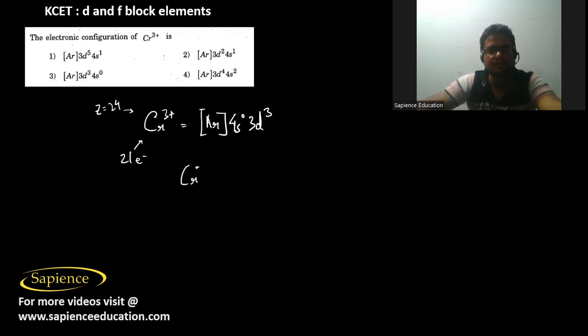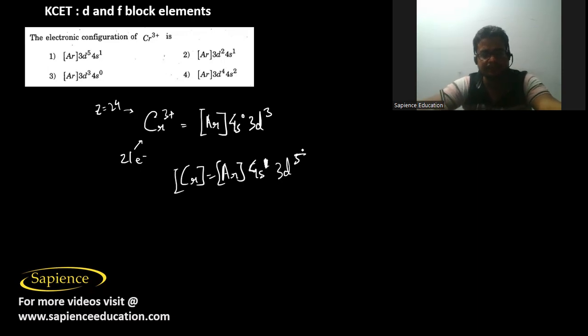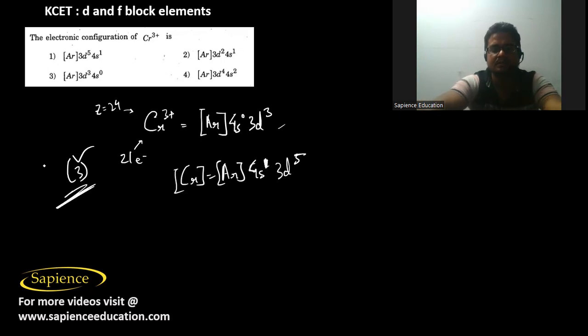Since the electronic configuration for chromium is argon 4s1 3d5, for Cr3+ it will be 4s0 3d3. So option 3 is the correct answer.